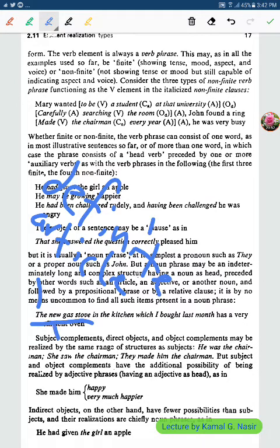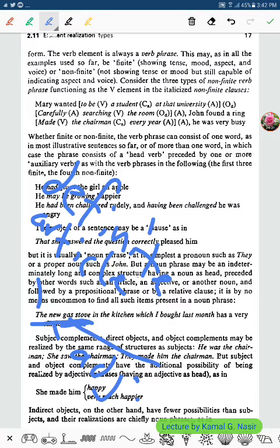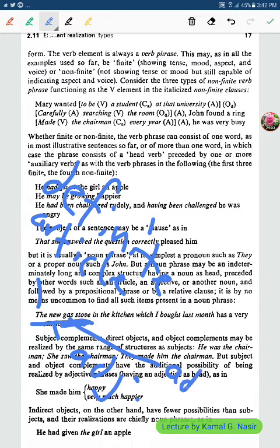New is what? Adjective. Gas stove. Gas also here works as adjective. It is a noun, but works as adjective because it describes the stove. Stove here is what? A noun.